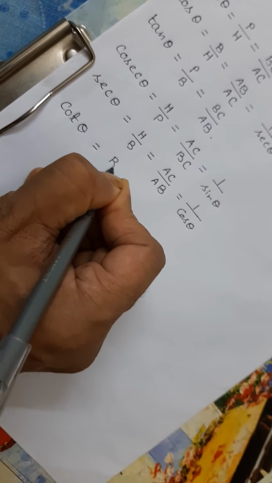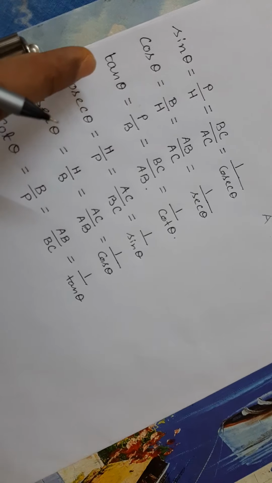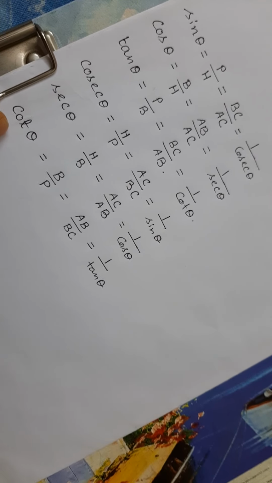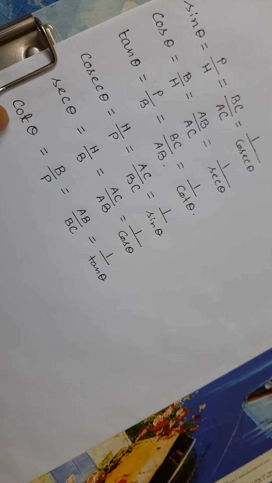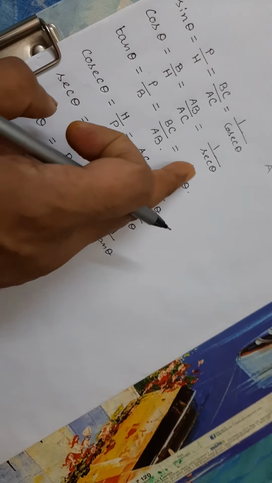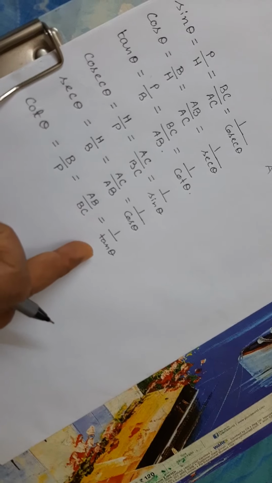See, if you know or remember the first 3, then the other 3 you will get automatically, because sin theta is the reciprocal of cosec theta, cosec theta equal to 1 by sin theta. Cos is the reciprocal of sec, so sec theta equal to 1 by cos. Tan is the reciprocal of cot, so tan theta equal to 1 by cot, then cot theta equal to 1 by tan.